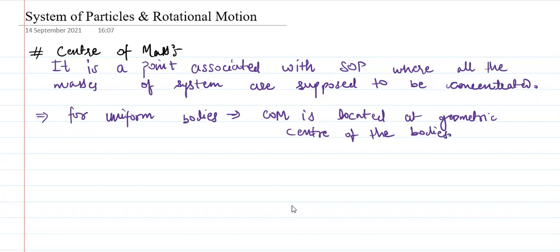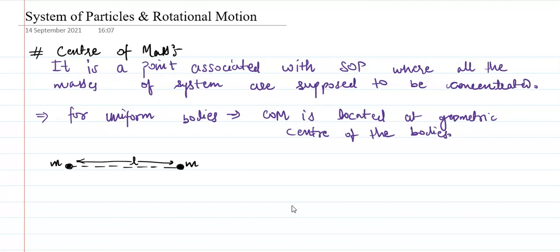Okay, what is geometric center? Let's suppose we have a system of two particles like that. This is a body of mass m, and we have another body located at a distance L from the first body, and the mass of the other body is the same as the first body, it is m. Now where will the center of mass be located?